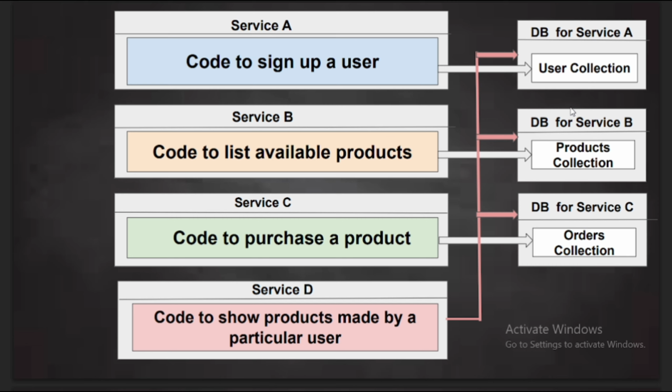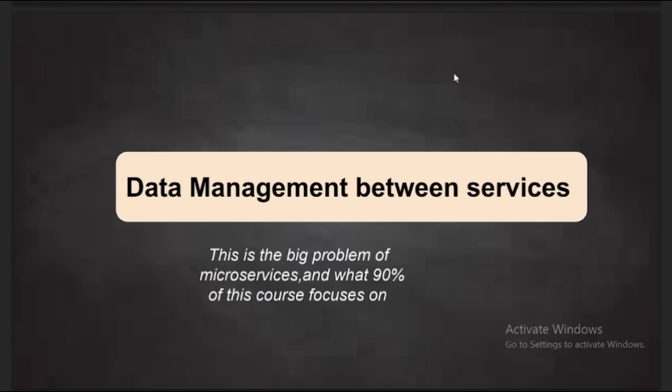Any time we add a new feature or change the functionality of an existing service and we want to access data, how do we do that? We are going to take a look at different methodologies to solve this problem. That's why data management between services is really challenging.